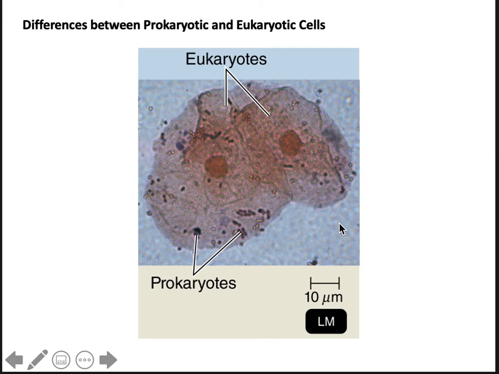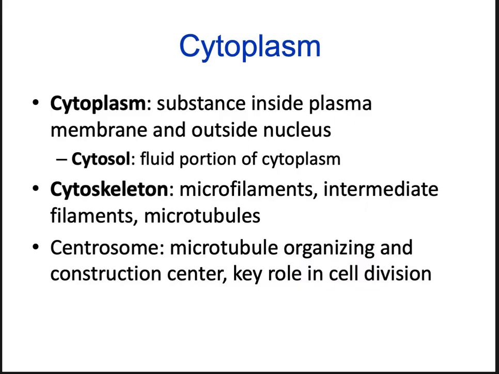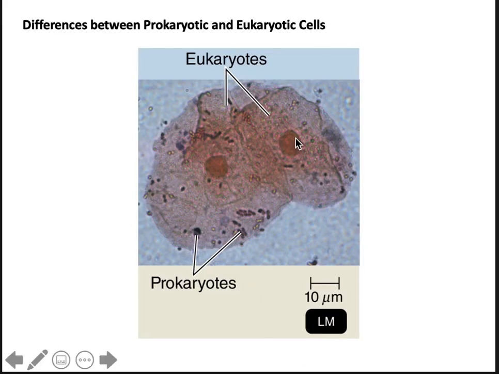So huge difference in size, right? So the eukaryotic cell is about, I don't know, 30 to 50 micrometers, whereas the prokaryote is like 1 to 2. Now not every eukaryote will be exactly this huge, and not every prokaryote will be exactly that size, but that's about what you'll see, right?